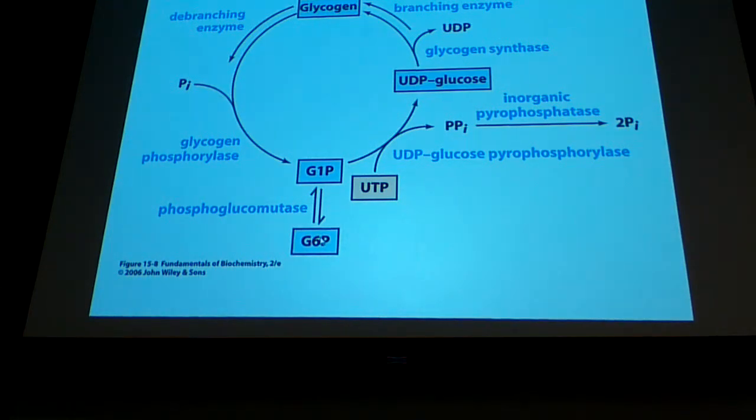It's going to go back and forth between the two. So 6-phosphate is converted back to 1-phosphate. But then I need this UDP glucose pyrophosphorylase, and then I need glycogen synthase, and I need the branching enzyme, and then there's kind of this side reaction that isn't actually part of the synthesis, but is needed to energy couple the first reaction into something that is actually energy favorable. So we're going to write this out.